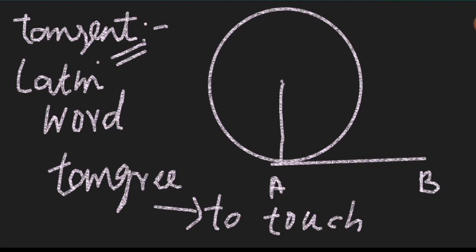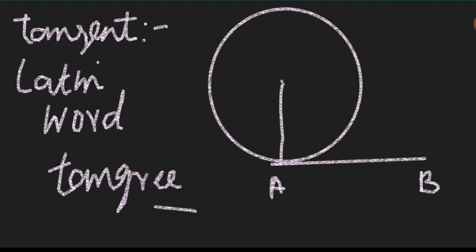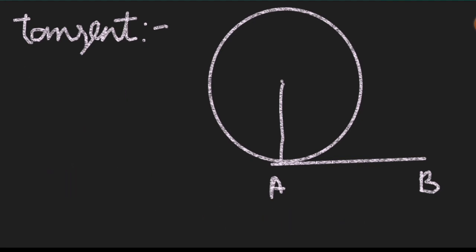Now here we are going to learn another theorem of circles, which states that the tangent at any point to the circle is perpendicular to the radius at the point of contact. Here you can see a circle, suppose its center is C, and this tangent AB is touching the circle at point A, and it's making an angle with the radius of the circle.